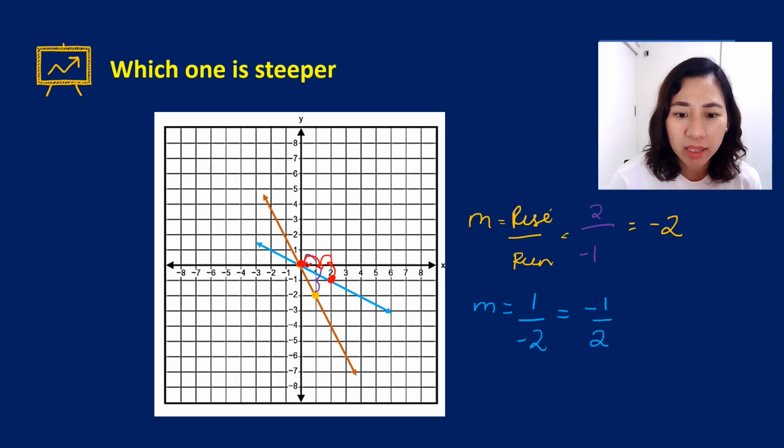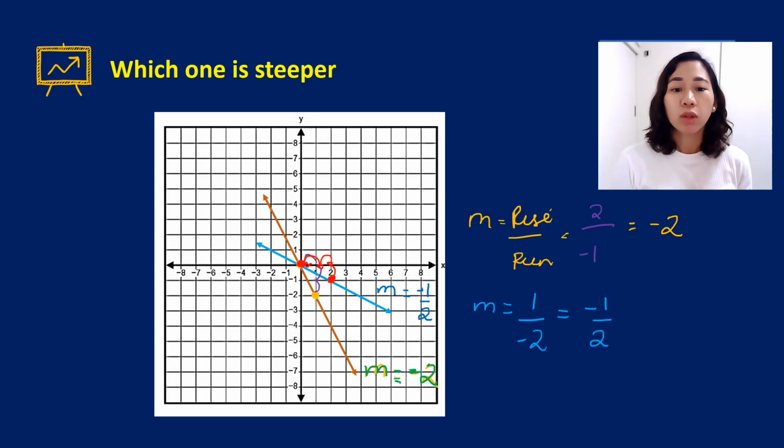Now the point there is that, let me just write it there, the slope of this one is negative 2. For the blue line, the slope is negative 1/2. Let me just write this because m is equal to negative 2.